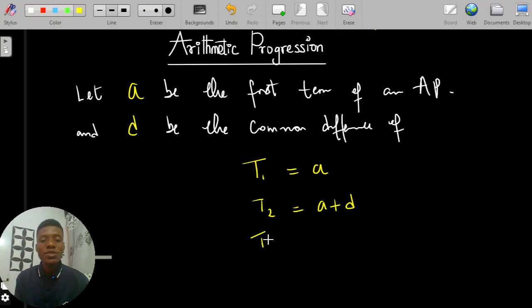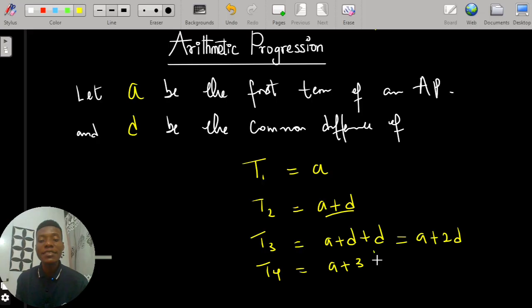So T3 can be generated by adding A plus D, meaning that you are adding D to this one, which is going to give us A plus 2D. If you do the same thing for T4, you definitely have A plus 3D, and so on till you get to Tn.